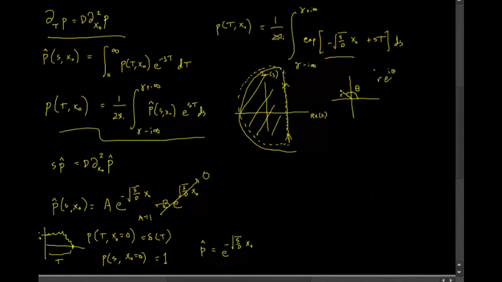If I take the square root of this, I'm going to define it to be square root of r e to the i theta over 2. And if I have something in the lower half plane, say some number here, where this angle here is theta, so r e to the minus i theta, I define the square root of this to be square root of r times e to the minus i theta over 2.